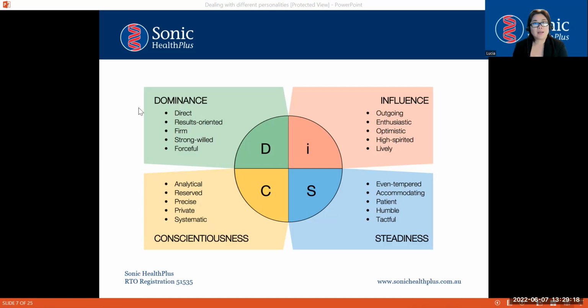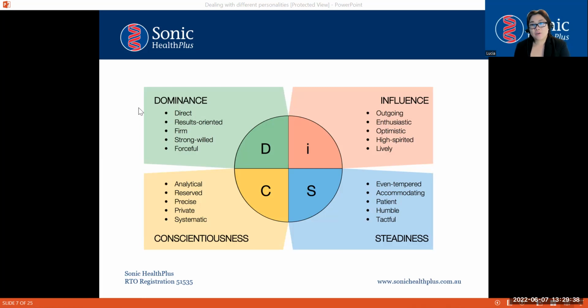They could be quiet and observant because they're analytical. They're thinking through what they're going to say. They're thinking through the information that they're receiving. And also when they deliver that, they can be very systematic. The flow is quite logical. Okay, so that's the C.